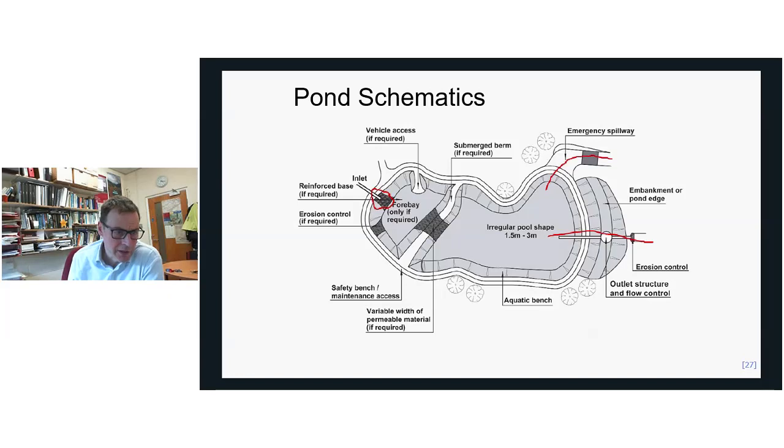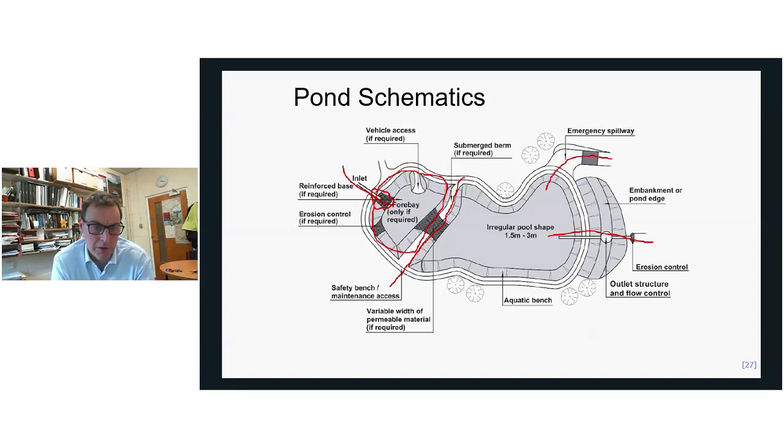Now the difference here is there is an emphasis on having the submerged berm that goes through the middle of it. And the idea behind this is that as the flow comes into your pond in here, this part of the pond does a lot of the work in terms of encouraging the sedimentation of the larger particles, and that's where most of the sediment particles will accumulate.